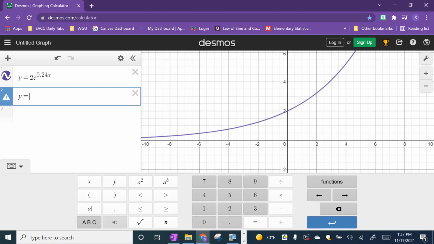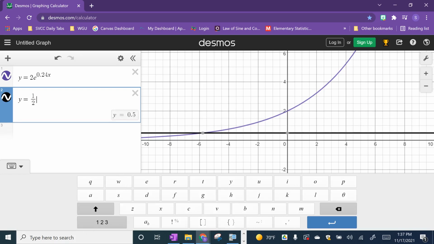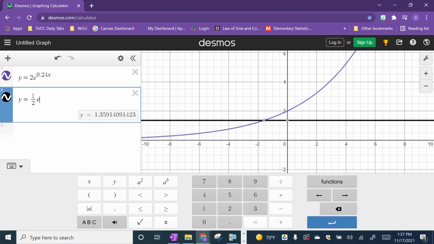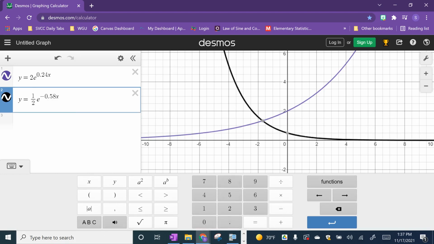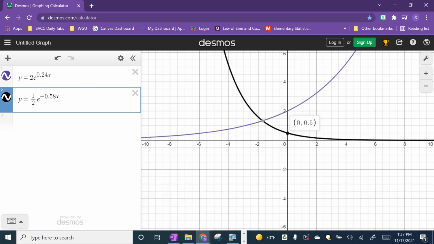So y equals 1/2 e raised to the negative 0.58x. This one doesn't cross at 1 either. Why not?